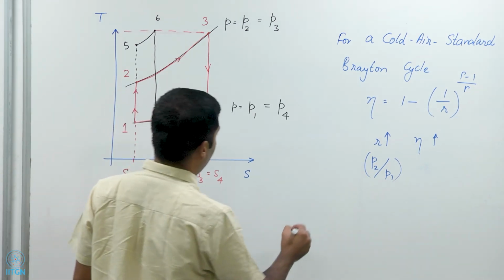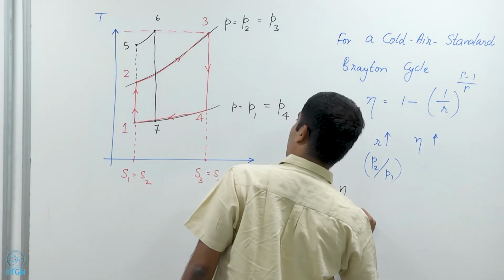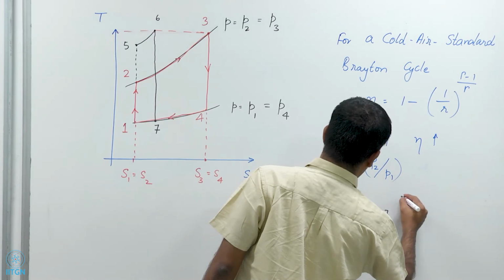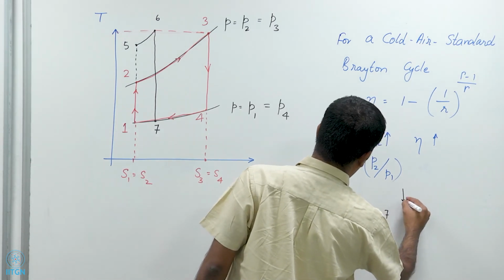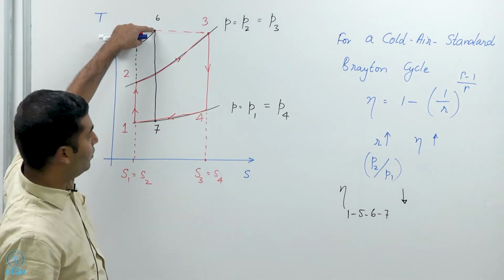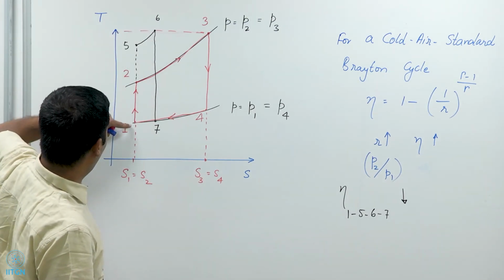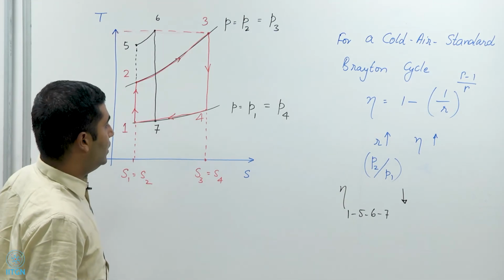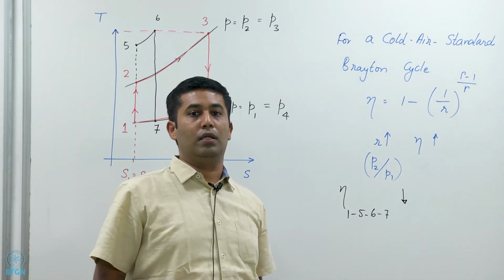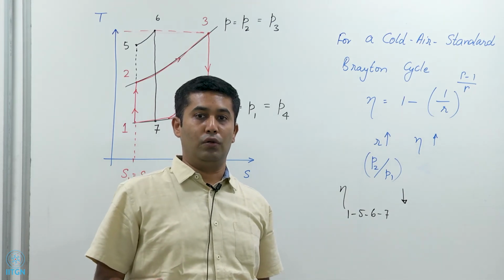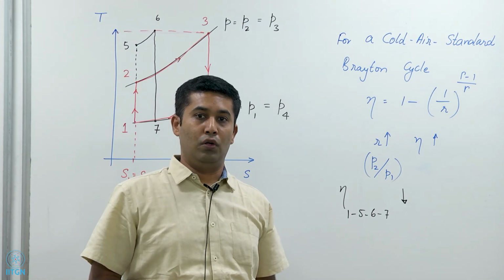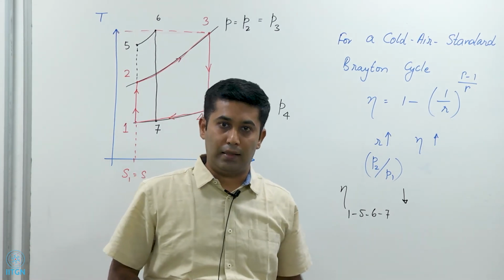So, the efficiency of this cycle 1, 5, 6, 7 would be low, right, because we are limited by this maximum temperature here. So, given a minimum and a maximum temperature, the efficiency actually undergoes a maxima when we try to increase the pressure ratio rather than increasing monotonically with the pressure ratio. So, this is an insight that we can get.